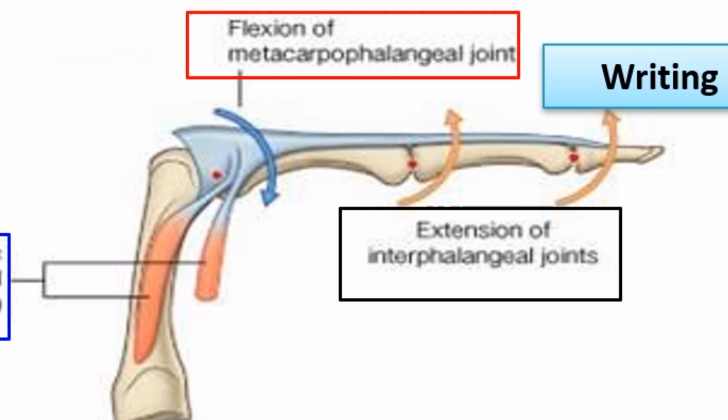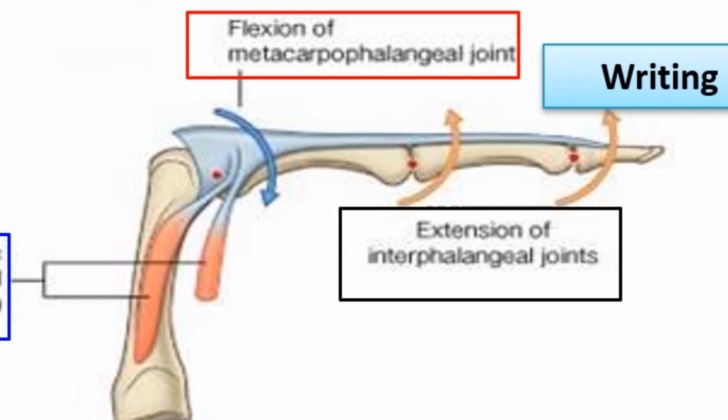The first joint is the action at the metacarpophalangeal joint, and the 2 IP joints, proximal and distal. Now the actions are different in these 2 sets of joints, and this action is flexion and extension. It works alongside the interossei muscles in these actions.